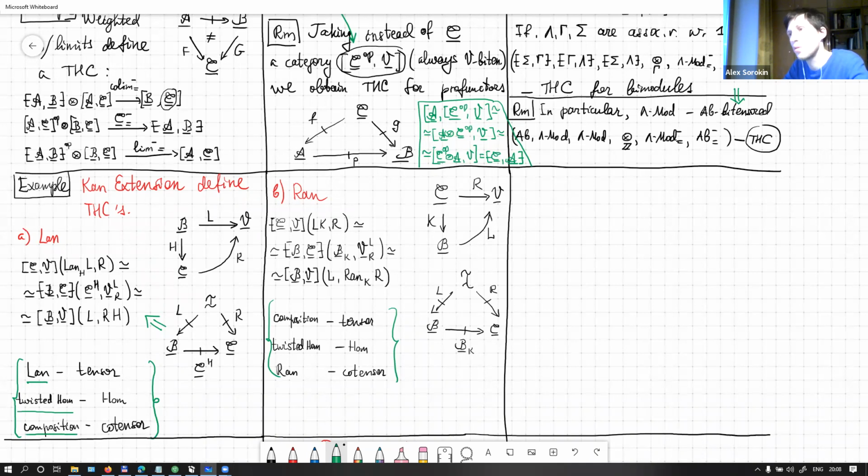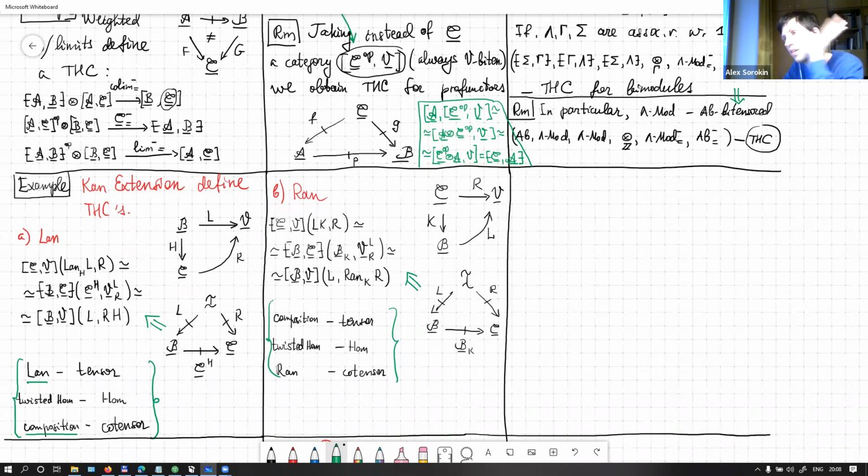Similar situation for Ran. I'm starting with this picture, with such one. I'm turning it into a triangle of profunctors. For the triangle of profunctors, I am writing the adjunction. And in this adjunction, I am looking who is standing where.